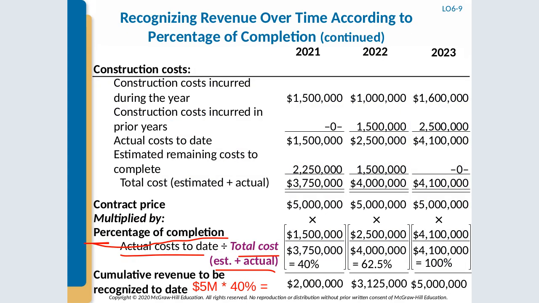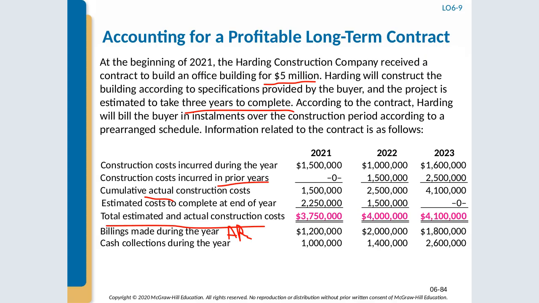Then we were told that the amount of billings, is it here? On the previous one, I think. We were told our billings made during the year were 1.2 million and 1.8 million per year, and then our cash collection. So that's just basically our accounts receivable.